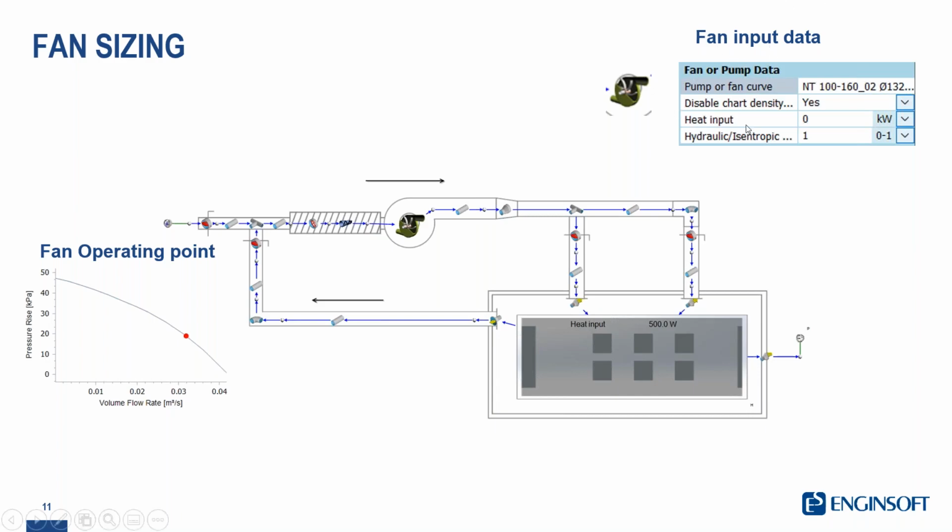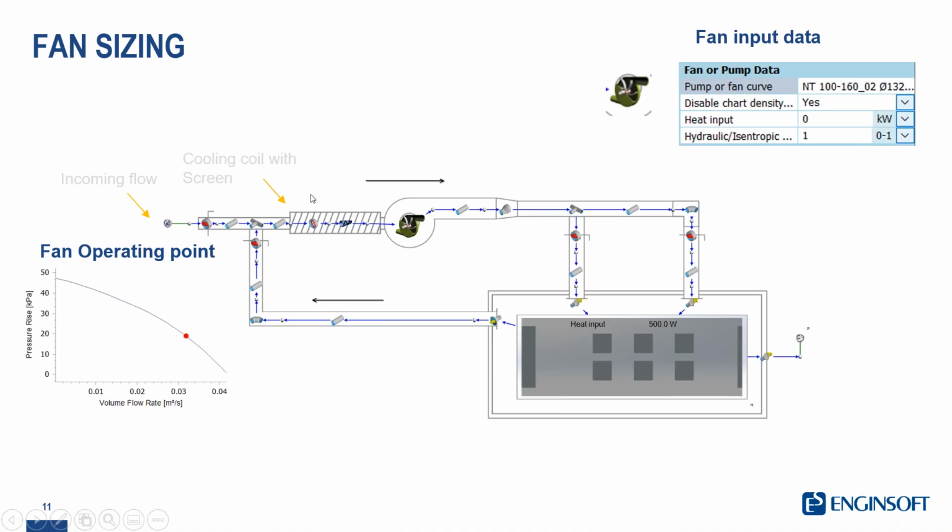The input data of the fan are just the curve, the pressure rise over the volumetric flow rate, and just by putting this curve, you are able to calculate the correct circulating mass flow and the operating point of the fan.